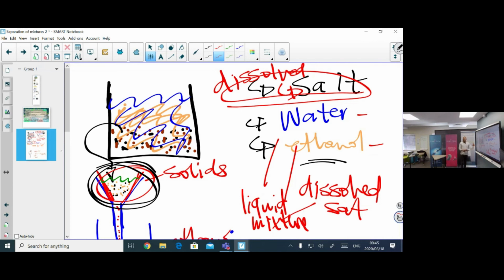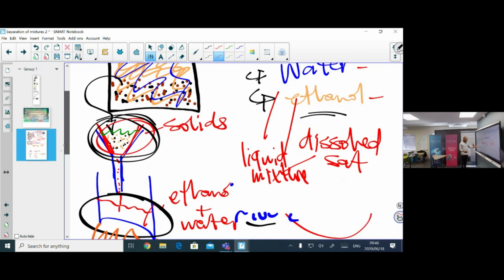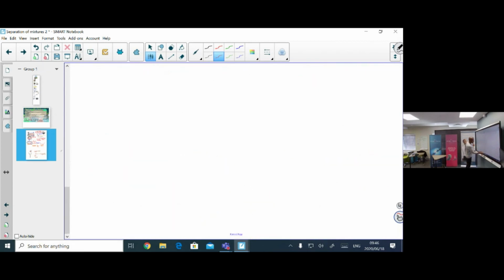But filtration can only help us in separating undissolved solids. Because why? Because our solids will collect or remain in our funnel as our water drips through. But what happens with dissolved salt? If it is dissolved, the water will trickle through together with the dissolved salt, because the salt is right in the water. How can you separate them? Filtration will not work. But we know that we can use what?